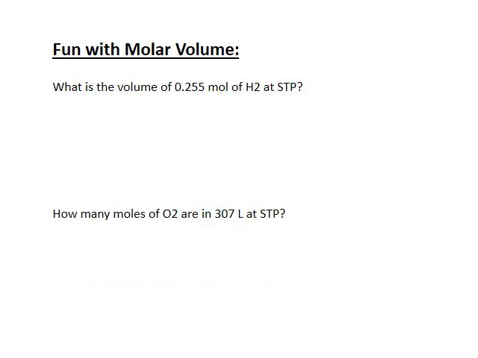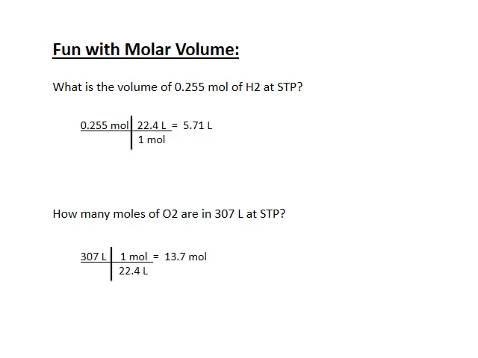So let's talk about fun with molar volume here. So if I've got 0.255 moles of hydrogen at STP, so standard temperature and pressure, I want to know what the volume is. So I start out with the quantity that I measured, and I want moles on the bottom because I want to get rid of moles and I want liters. So the 22.4 liters goes on the top, the mole goes on the bottom. So this corresponds to 5.71 liters.